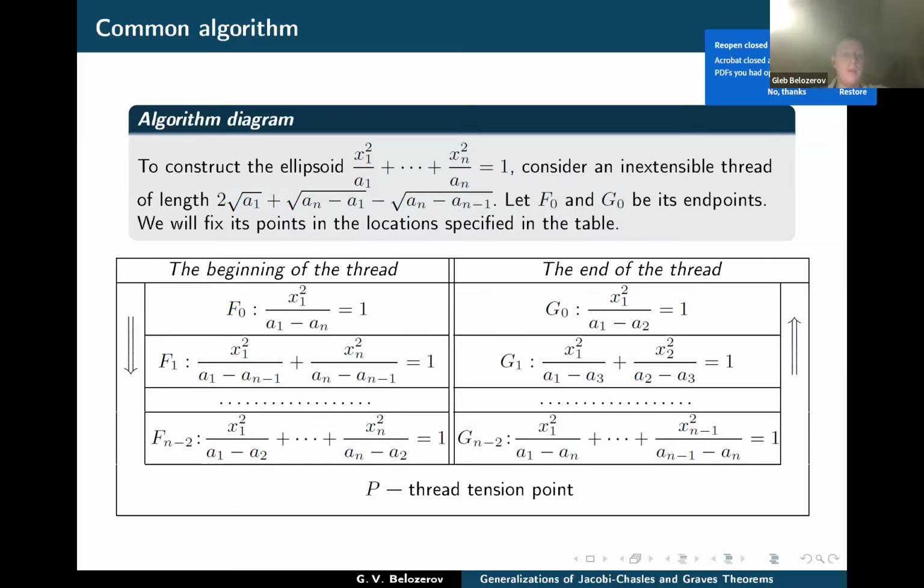Point G n minus 2 moves along a quadric, and so on. G0 is a fixed point. Then point P will move along the given ellipsoid.